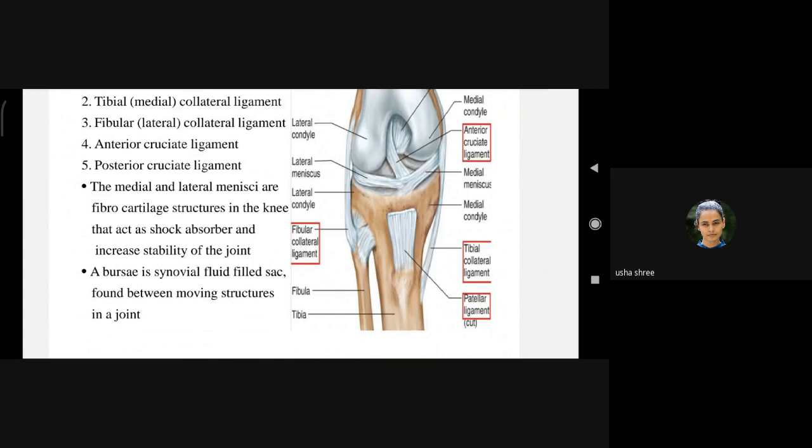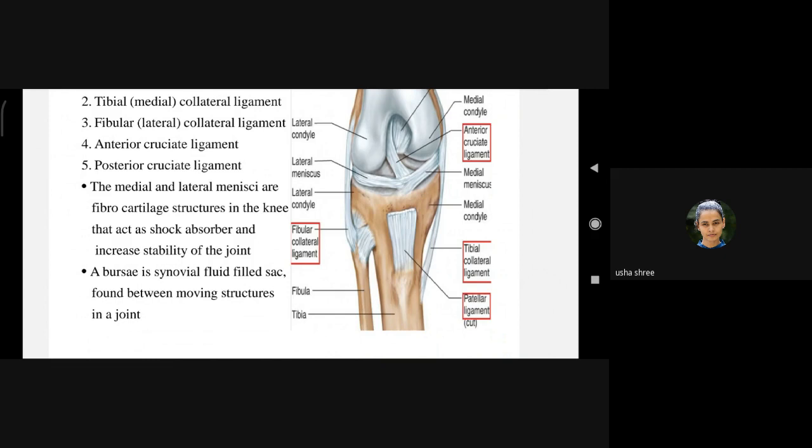Sorry, I don't know what kind of fluid that is. I think synovial fluid. Synovial fluid is filled in the synovial cavity, but I don't know which type of fluid is filled in these bursae, because these bursae are cushion-like structures.